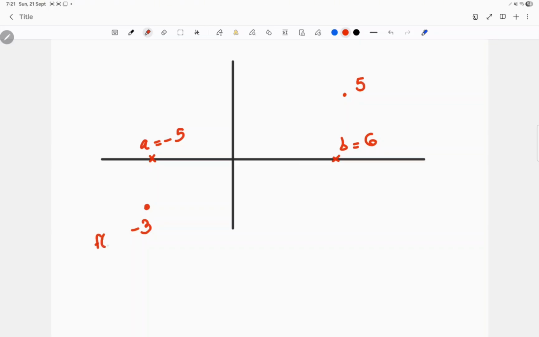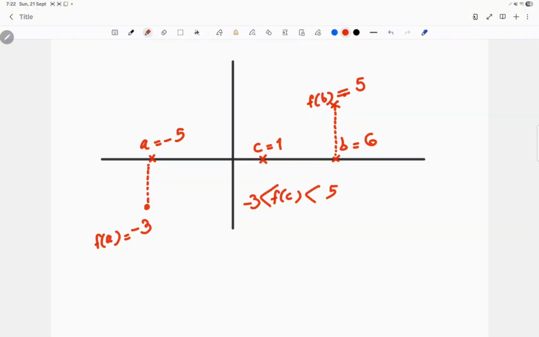So the f of a is negative 3. The f of b is a 5. If c is somewhere between negative 5 and 6, let's say that c is here, a 1. F of c has to be ranging from negative 3 to 5. That's what it means. Good?